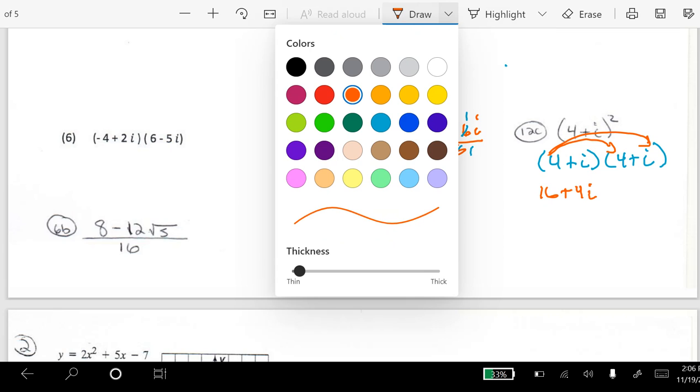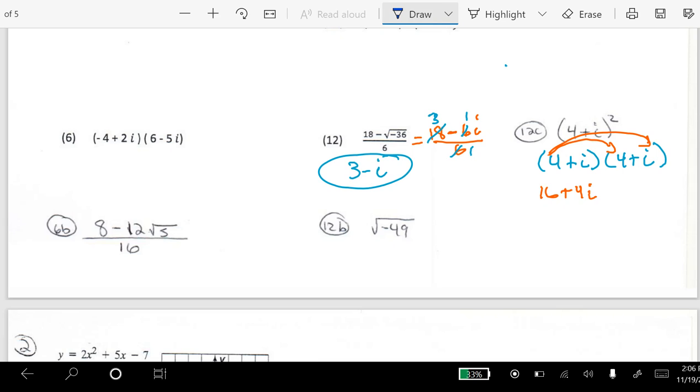And then you distribute the other one, which is going to be the i times 4. It's another 4i. And i times i is i squared. So I'm going to end up with 16 plus 8i minus 1, because i squared is negative 1. Answer is going to be 15 plus 8i.